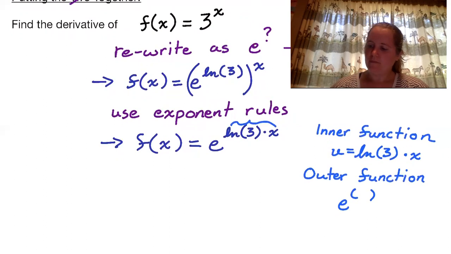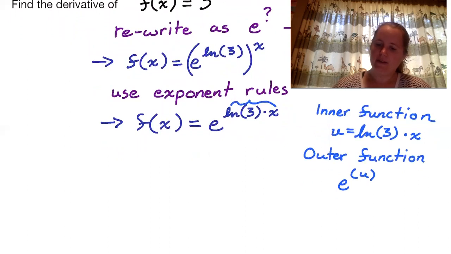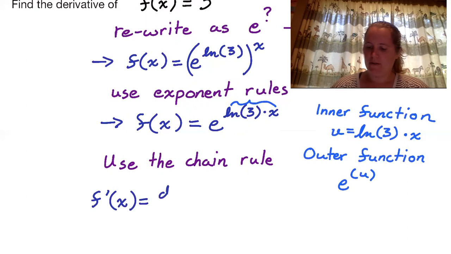So if we go ahead and take the derivative of this, we're going to now use the chain rule. We have that f prime of x is equal to the derivative with respect to u of e to the u times the derivative of u with respect to x.